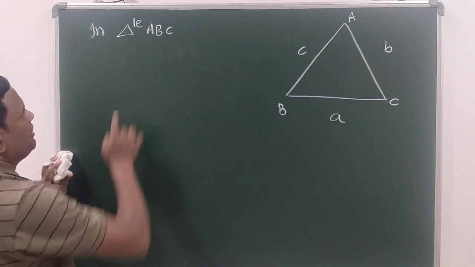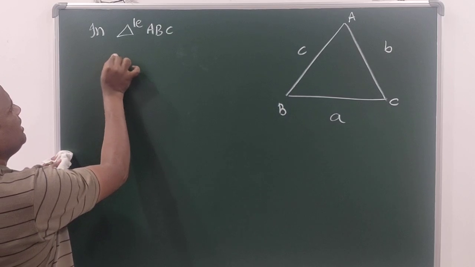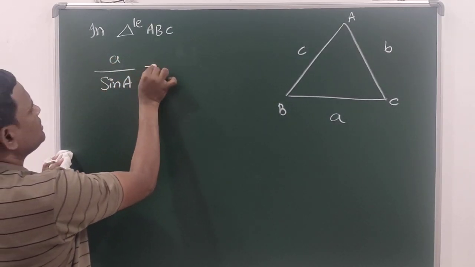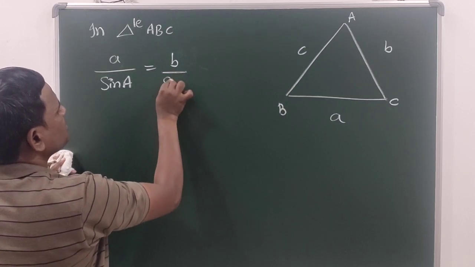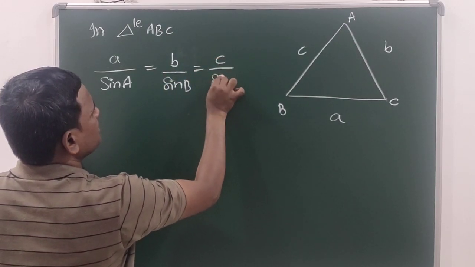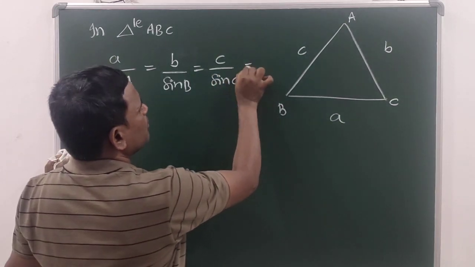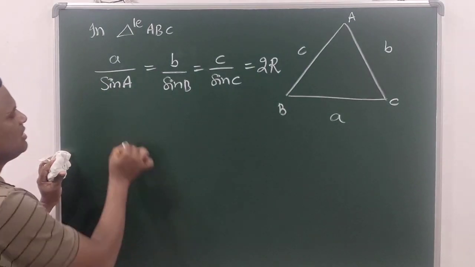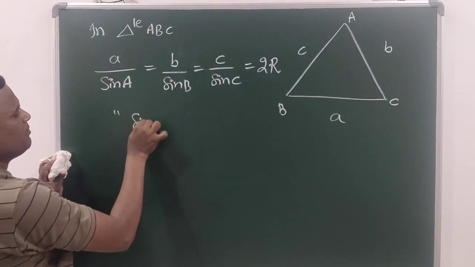So in this triangle ABC, a by sine A is equal to b by sine B, which is equal to c by sine C, which is equal to 2R, is known as the sine rule.